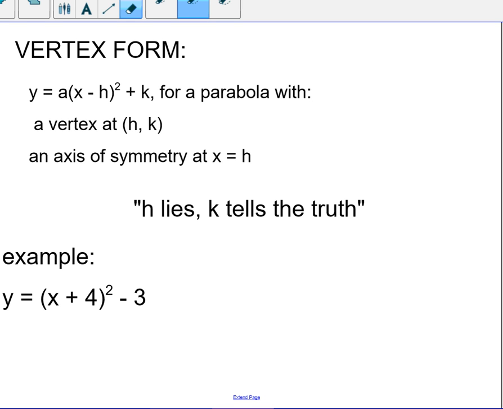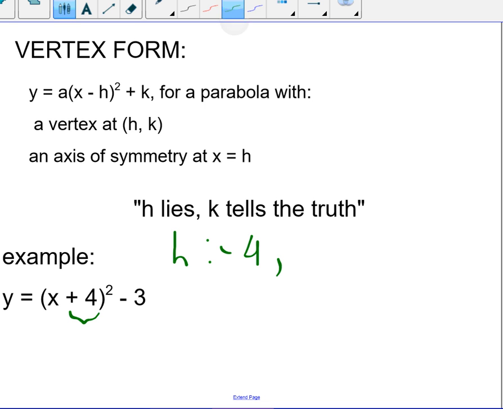So for an example, we have a quadratic equation in vertex form given to us. y equals x plus 4 squared minus 3. So our H value is going to be whatever is inside these parentheses, but with the sign switched. So since it's positive 4 inside the parentheses, H is negative 4.